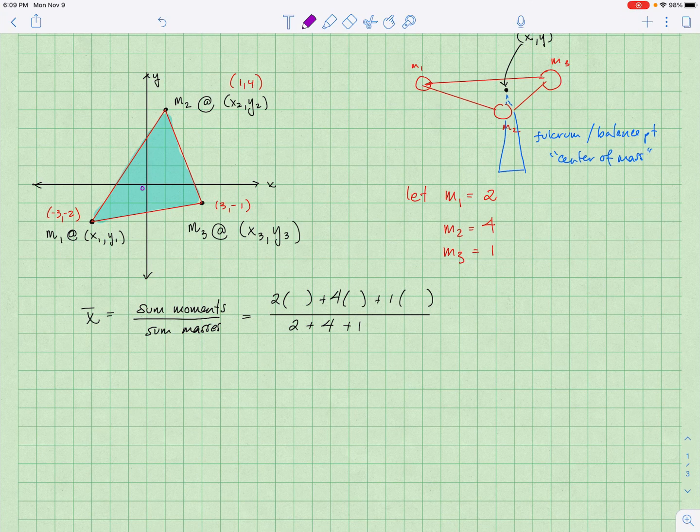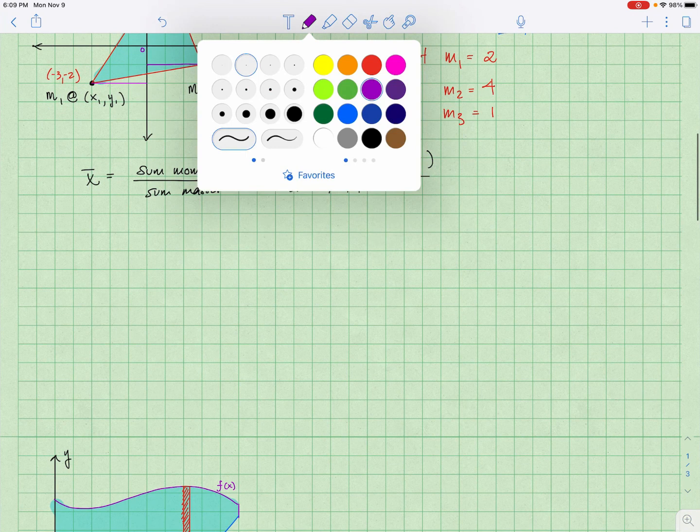This is 1 unit horizontally for M2. This is, let's see, or position, I should say. X value is 1. Here, the sign is important. This is x equals -3 for mass 1. And +3 for mass 3.